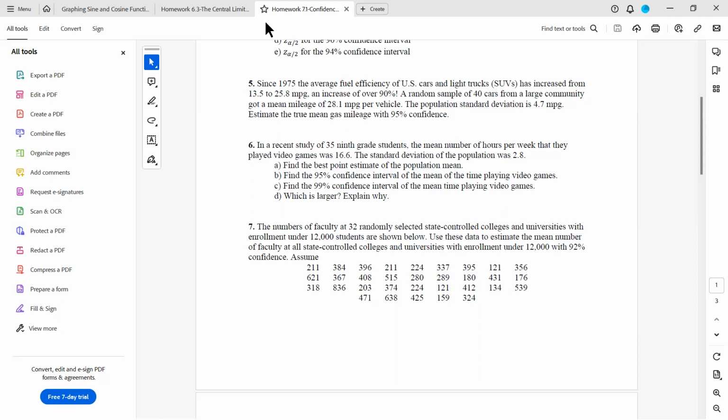All right, so this is problem 6 from 7.1. The first part of this was, what is the best point estimate?